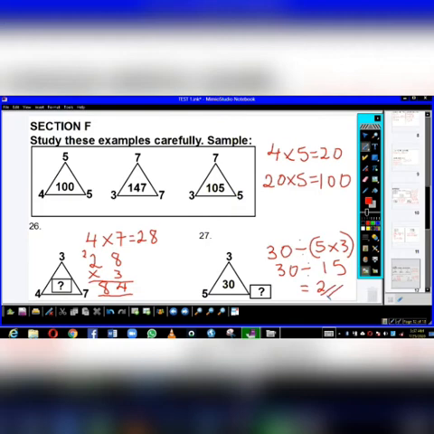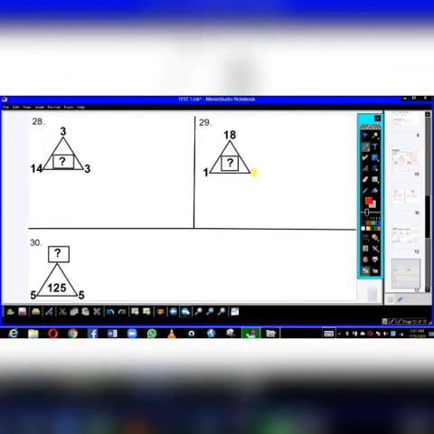So the value of the missing number in the box is 2. Now let's proceed to 28. Here we are going to say 14 multiplied by 3, and that is equals to 42.